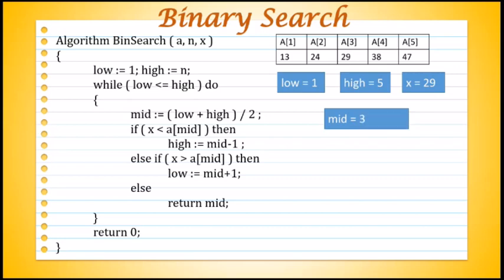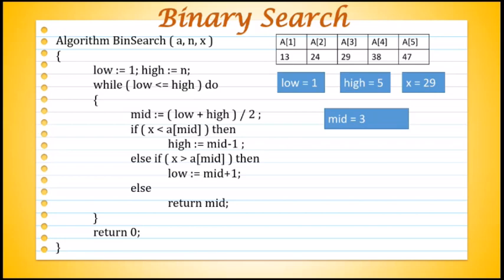Then we will check the middle value with the searching element. So the middle value is a of mid, that is a of 3, and the value which is present is 29. So 29 is less than 29. No, this condition is false. That means we will execute the else if part. In the else if part, x is greater than a of mid.